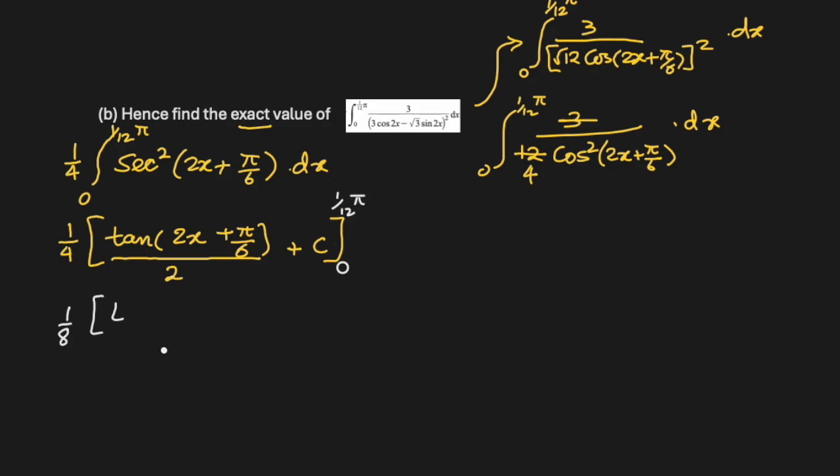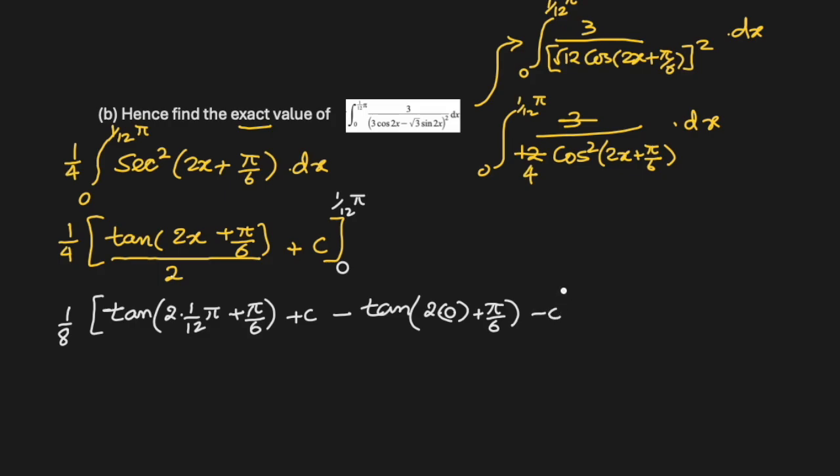So I'll substitute 1 over 12 pi first. So tan of 2 times 1 over 12 pi plus pi by 6, plus c, minus tan of 2 times 0 plus pi by 6, minus c. Usually people don't write c.